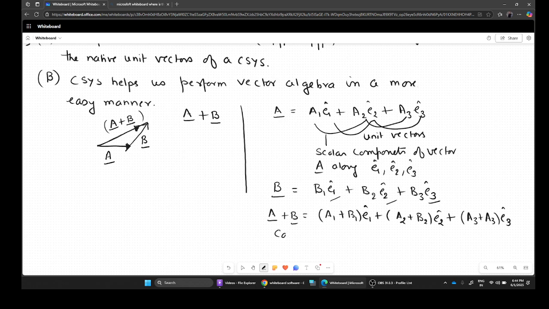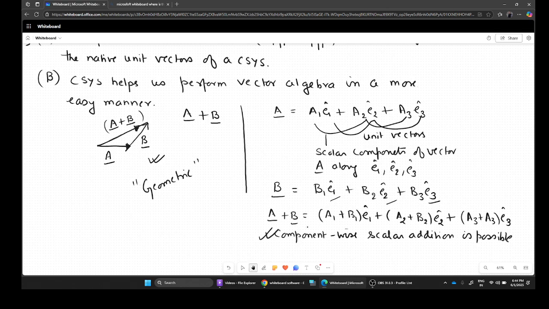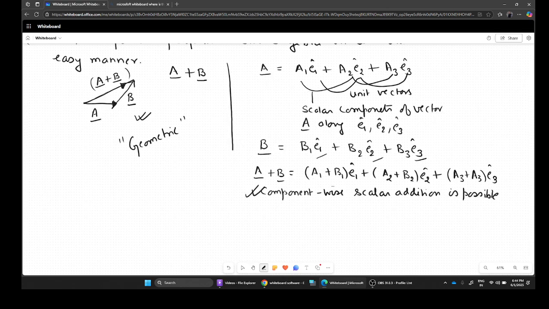So component-wise scalar addition is possible. Compare this with the method here. This, as I said, is very geometric, and here it's more arithmetic-like.